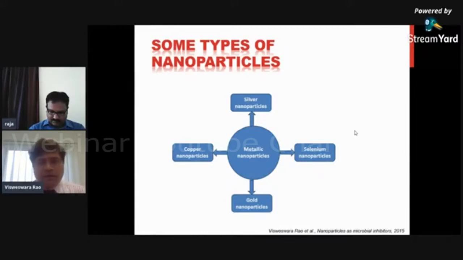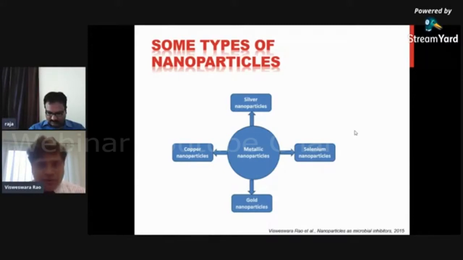First of all, we take any plant source material, which can be leaf, root, bark, stem, or even flowers, which contain various polyphenols, flavonoids, terpenoids, and other plant metabolites. Then we make them into powder.